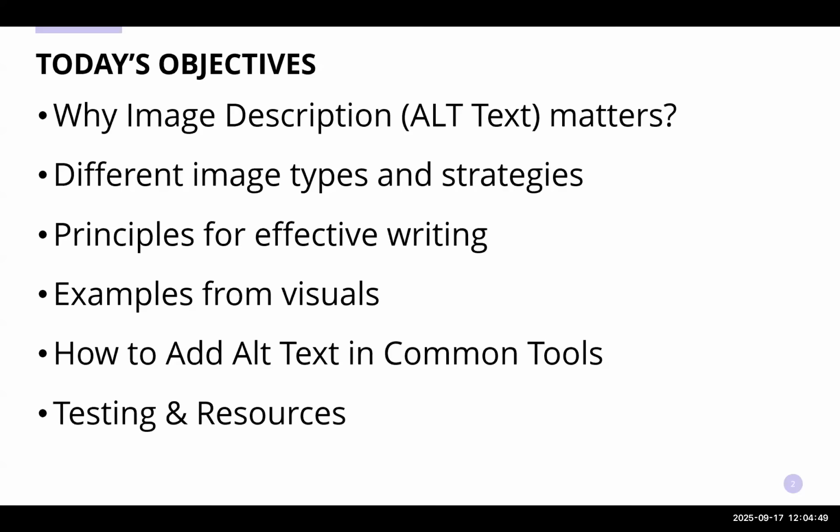We'll also go over how to add alt text in common tools like Microsoft Word, PowerPoint, etc. So you will know exactly where and how to do this in your own work. And finally, we will share some easy ways to test your content for accessibility, along with helpful resources that you can bookmark for later for sure. And definitely, we have our live demo sessions followed by the Q&A at the end. So let's get started. Next slide, please.